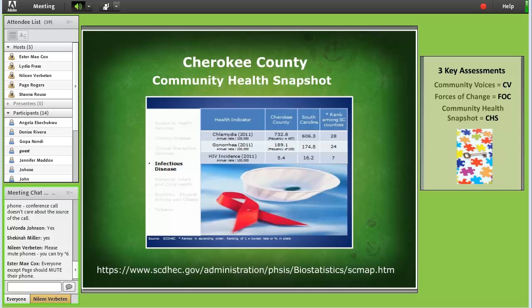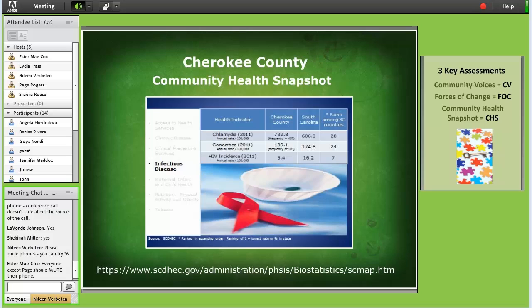Within DHEC, there is a biostatistics section who has already put together some data. So in terms of consistency, I liked pulling data out of there because you get not only the county rates, but you can see the South Carolina rates there, and they also rank those among all of the counties in South Carolina.